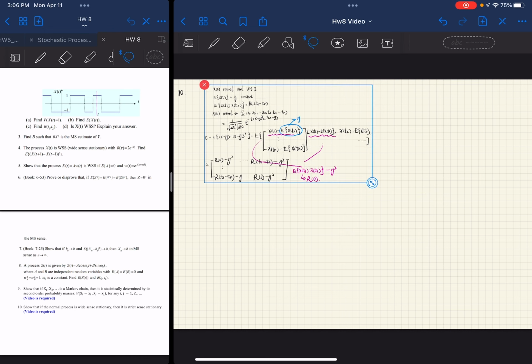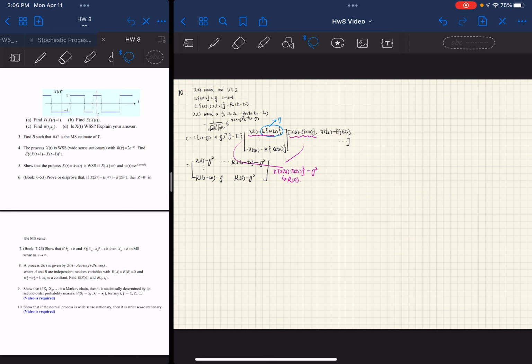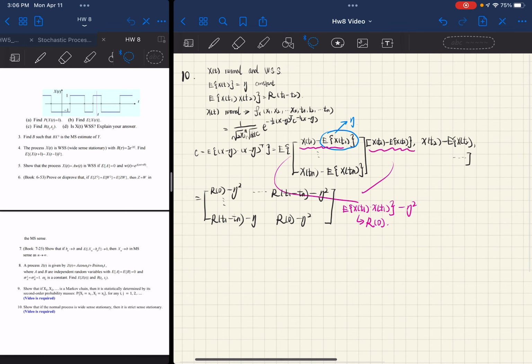If we rewrite this form, we can get the correlation matrix equal to R(t1 minus t2) and so on.